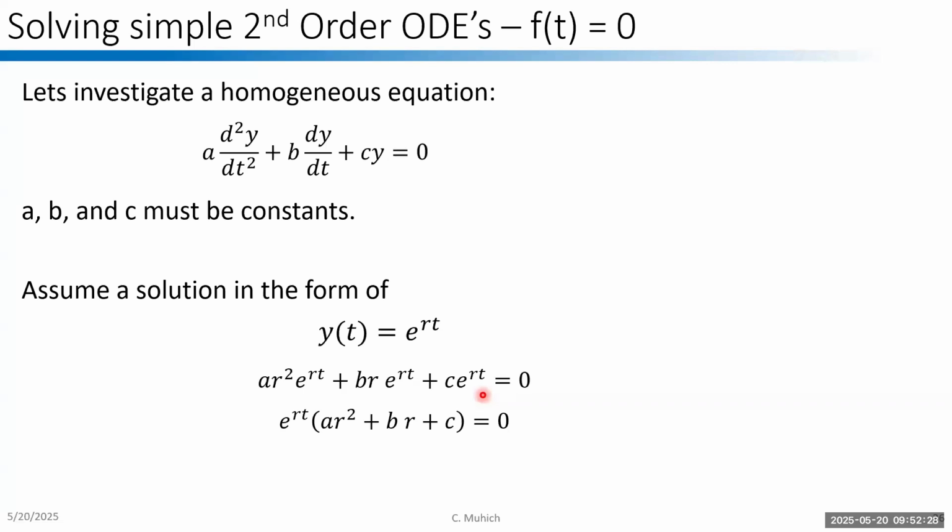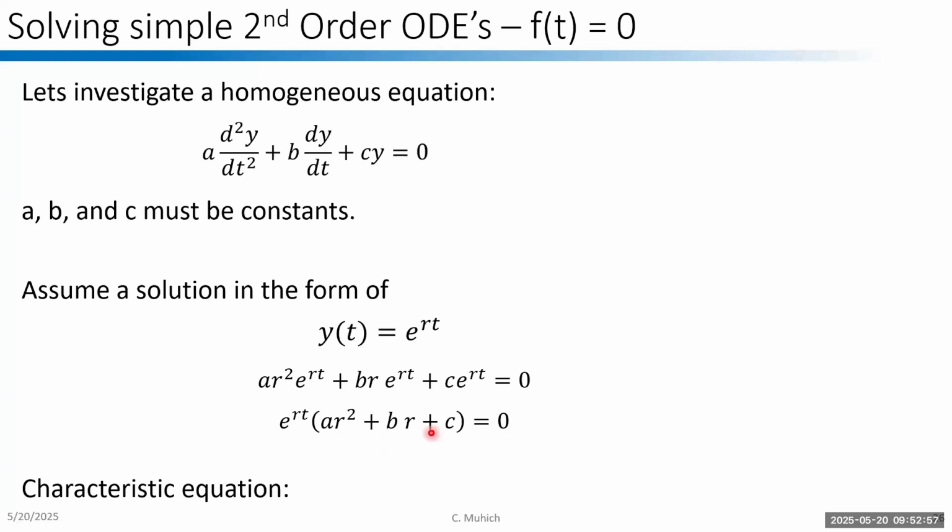I can factor e to the rt out, and I'm left with this second order polynomial, a r squared plus b r plus c. And when is this going to hold true? Well, it will hold true as long as a r squared plus b r plus c equals 0.